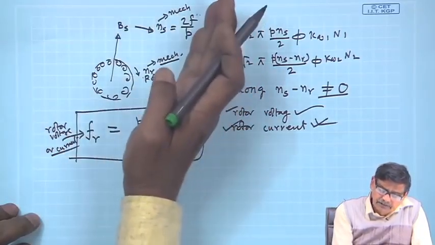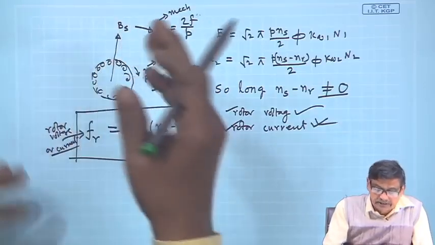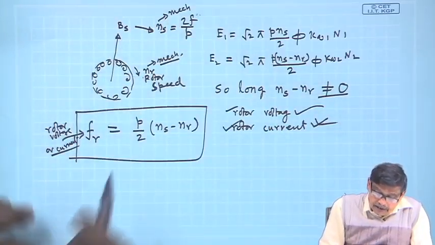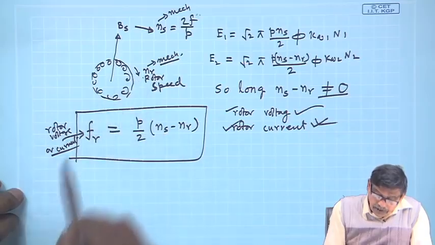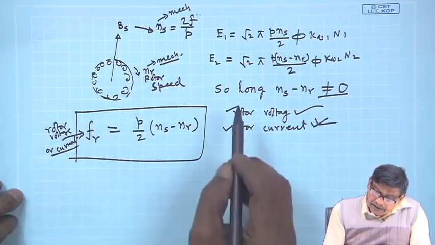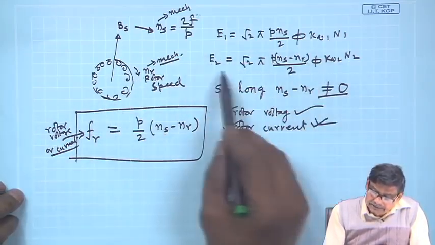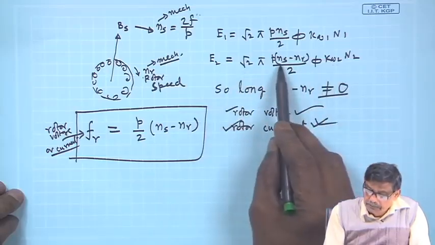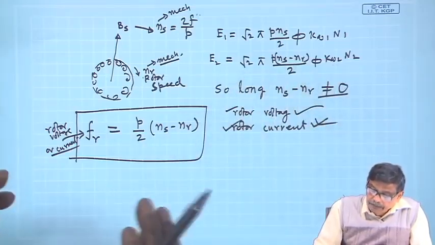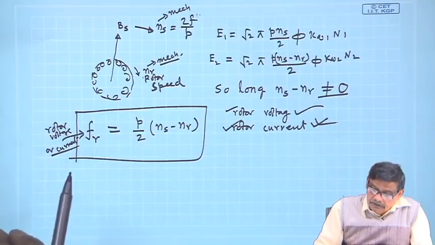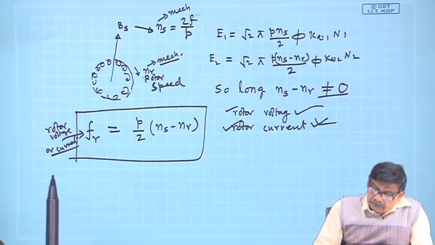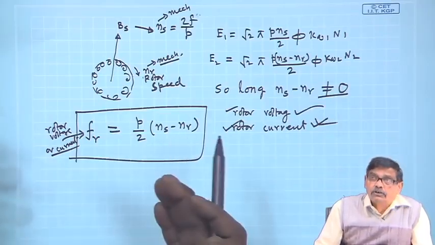So, stator field speed with respect to the stator structure remains the same, and the rotor is now moving, and we know that the RMS voltage induced depends on ns minus nr, which decreases now from the instant at t equal to 0 plus.